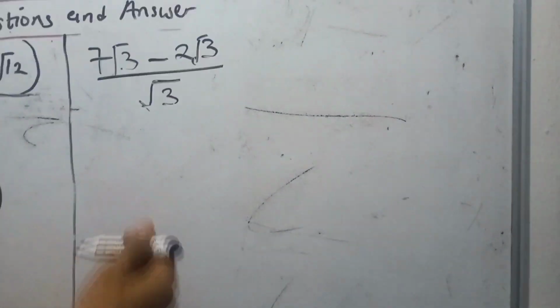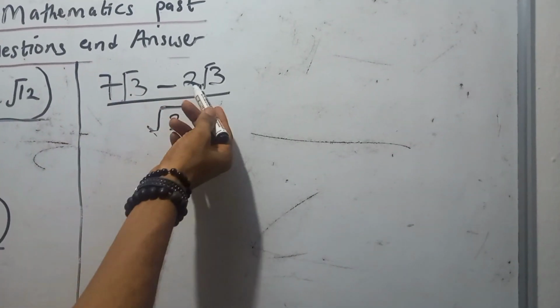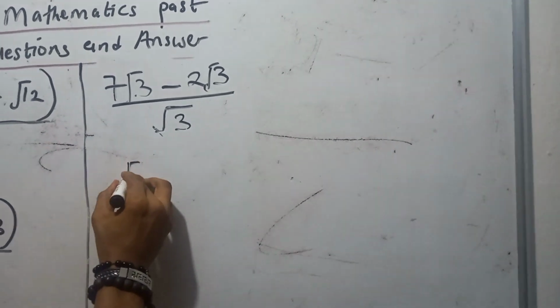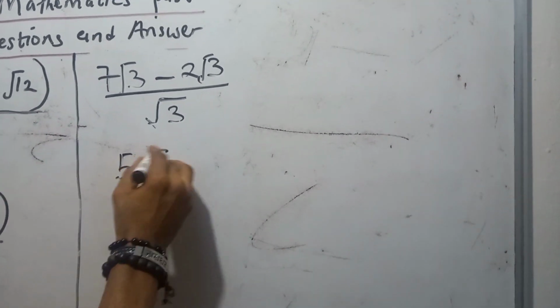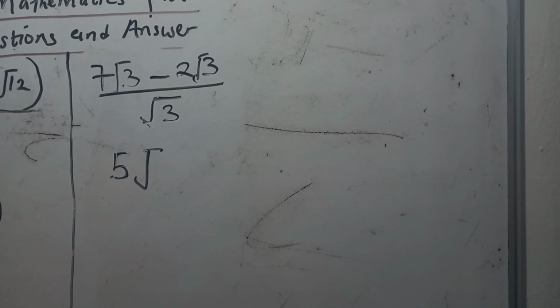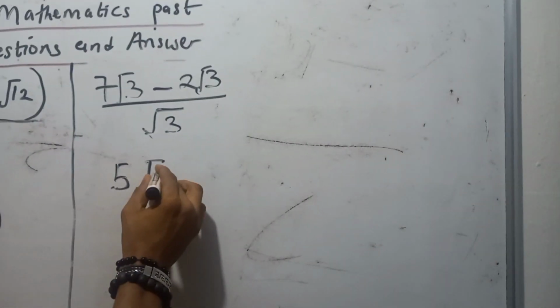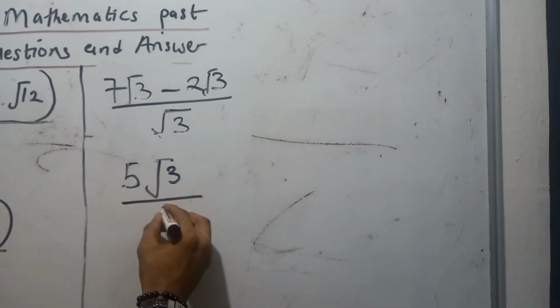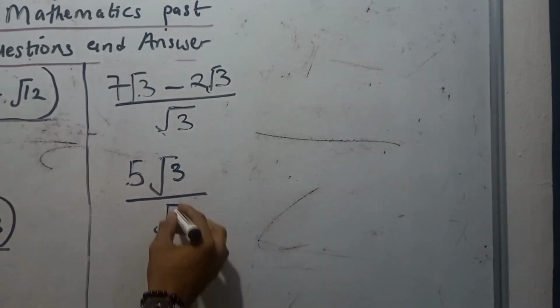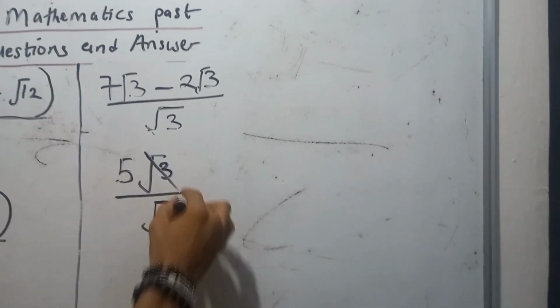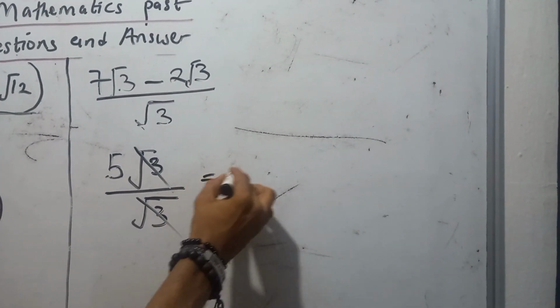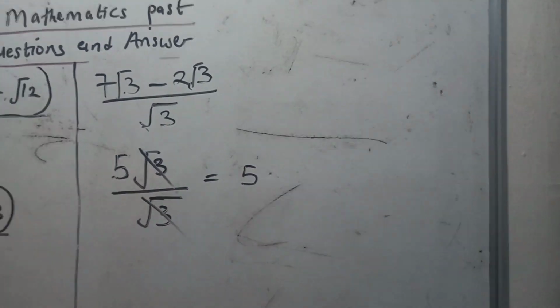We have the same terms, so 7 minus 2 is 5, so 5 root 3 over root 3. Root 3 divided by root 3 equals 1. 5 is our final answer.